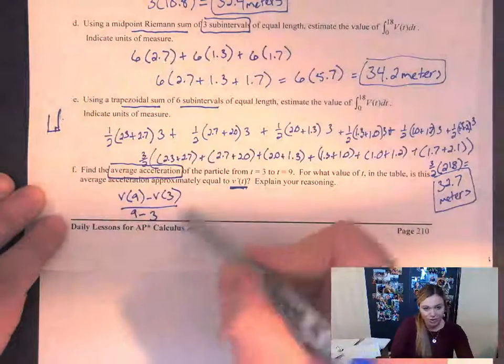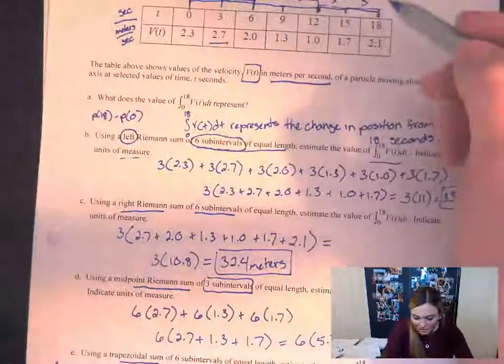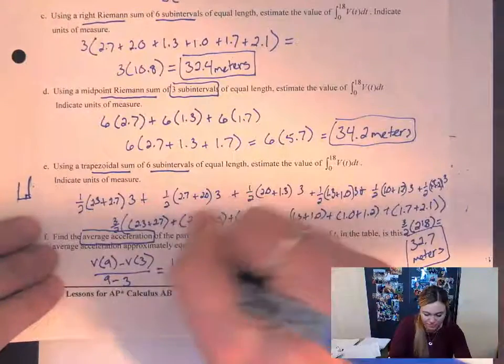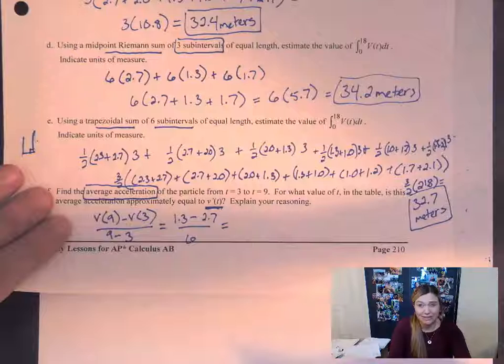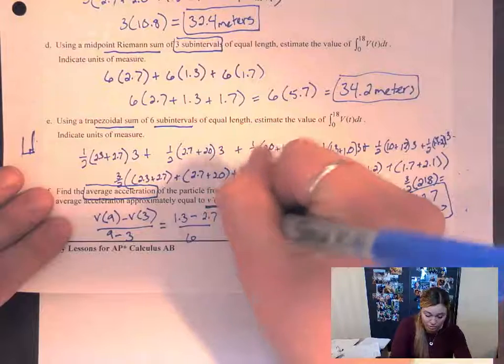I take the slope of velocity. V of 9 is 1.3. V of 3 is 2.7, over 6. 1.3 minus 2.7 is the same as 2.7 minus 1.3, but then make it negative, which would be 0.4, but negative 0.4 over 6.